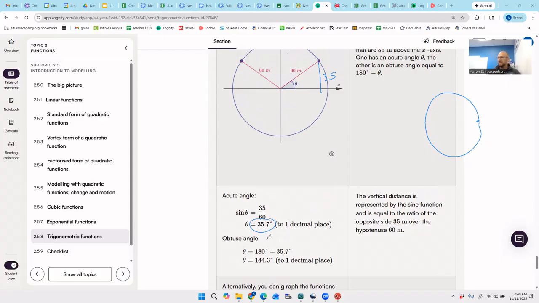Do you remember how you get the second one? Because there's 2 spots where you're 35 meters high. It goes up past 35 and then down 35 on the way down. So the second one, because it's in this quadrant, I do 180 minus the 35.7.